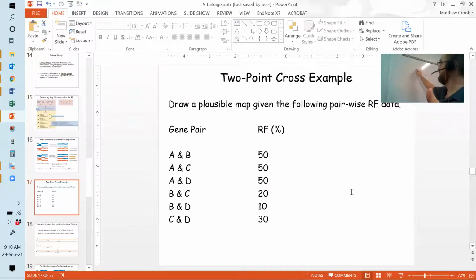So if you were trying to figure out a map for these genes, let's make sure you can see what I'm writing. It would look something like this. We're not making any assumptions whatsoever, Stephanie. Not one. And I'll show you why in a second. So this is more than 50 centimorgans, or more than or equal to.